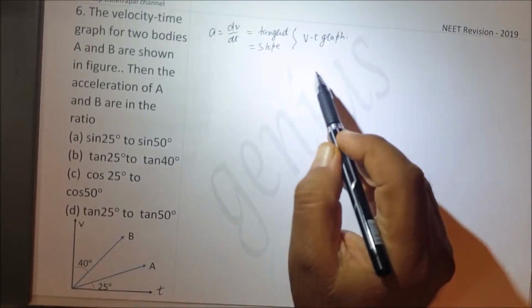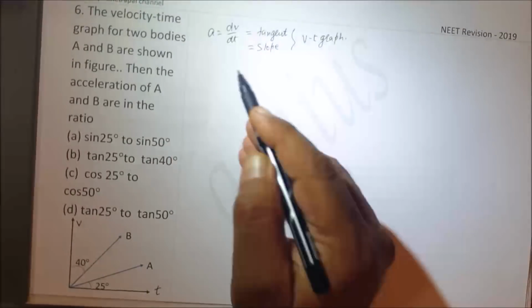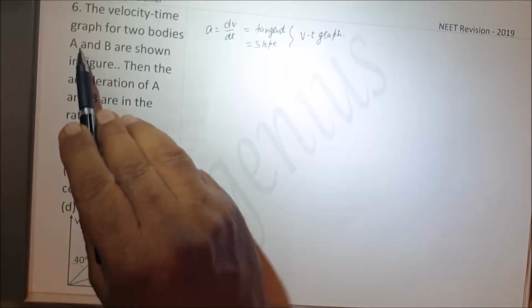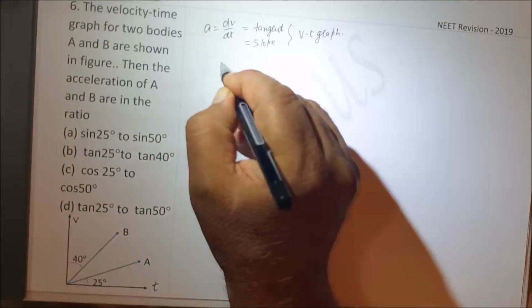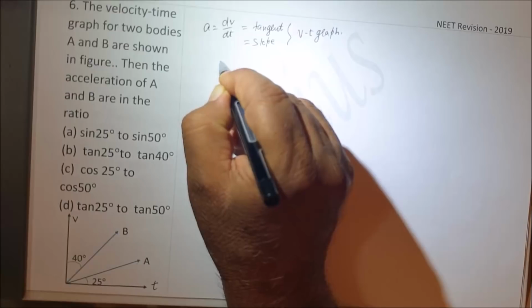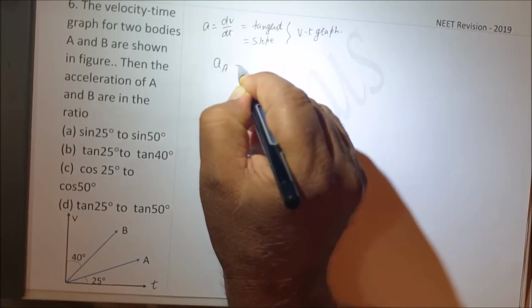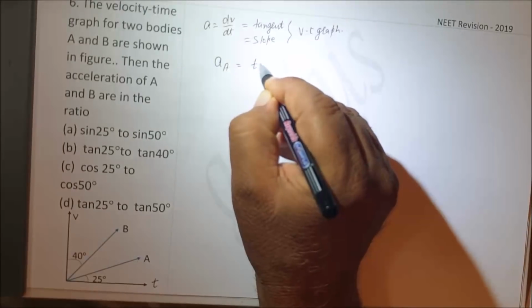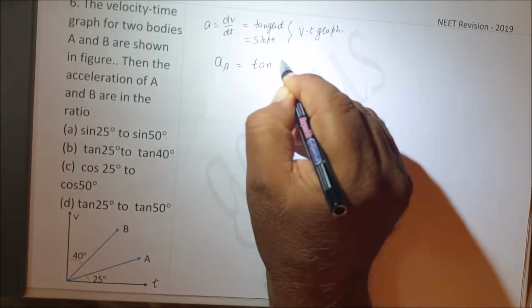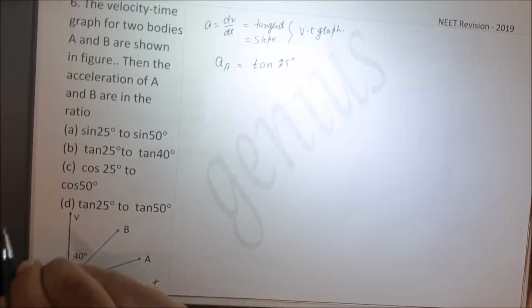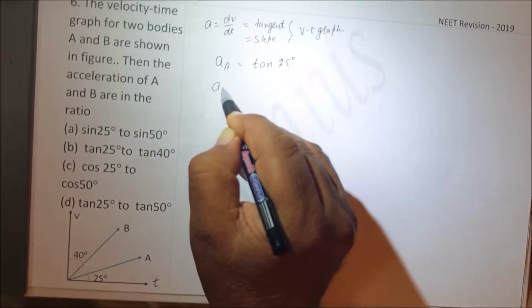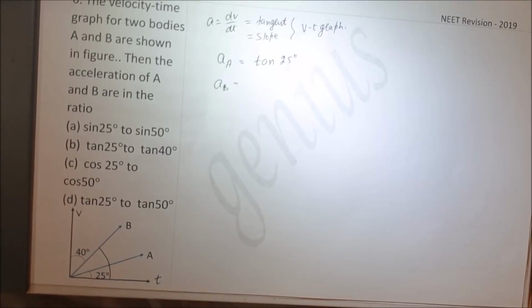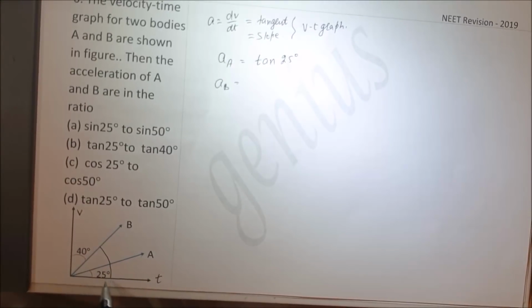So the acceleration of A, in the velocity time graph of two bodies A and B, is given by tan 25 degree. Acceleration of B is equal to tangent of this angle, velocity divided by time.